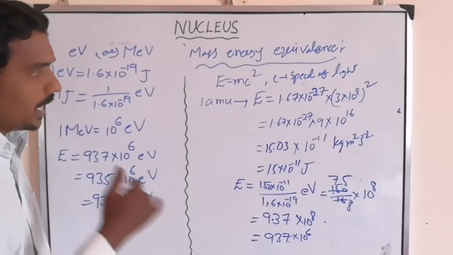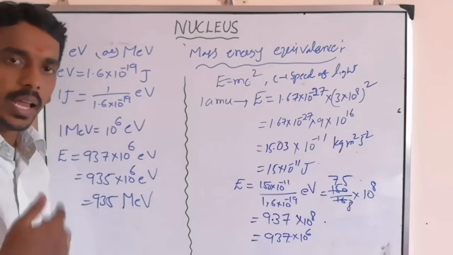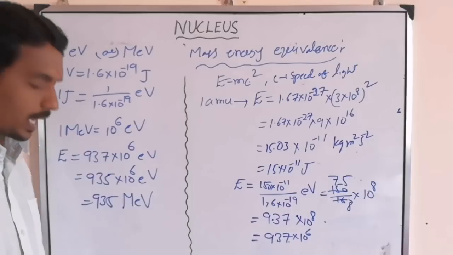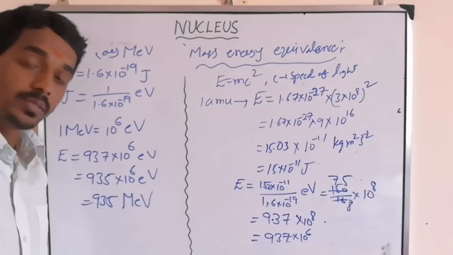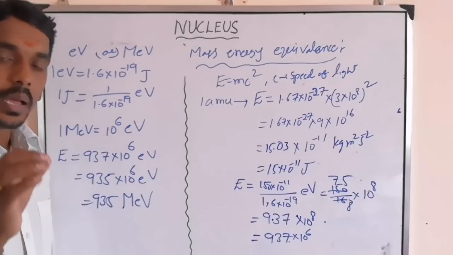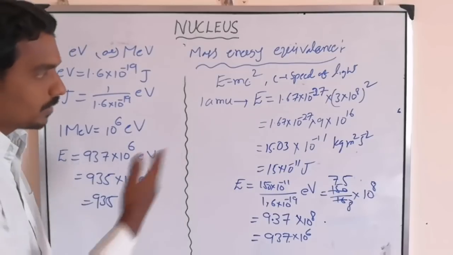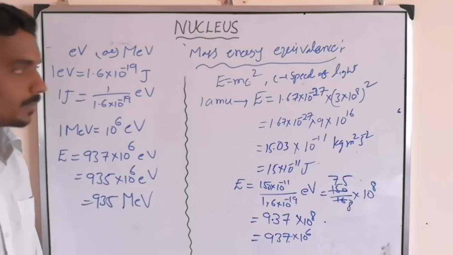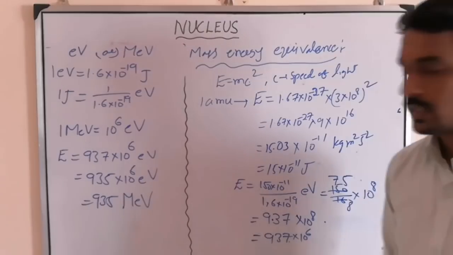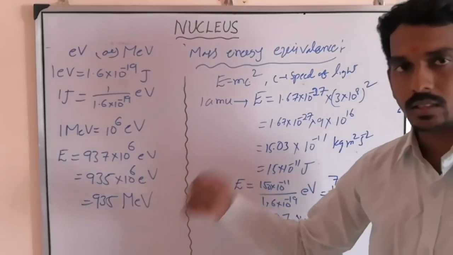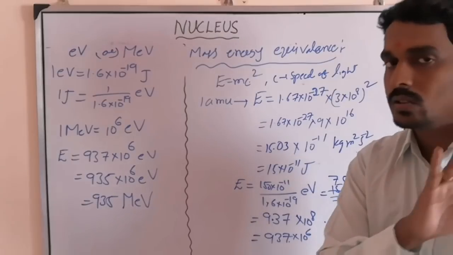So the 1 AMU equivalent energy equals how much? 935 mega electron volt, or 937, or sometimes they mention approximately 933, because everywhere we are taking approximations. If they mention it, then no worry.